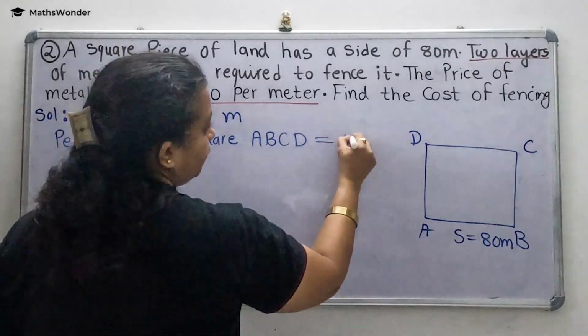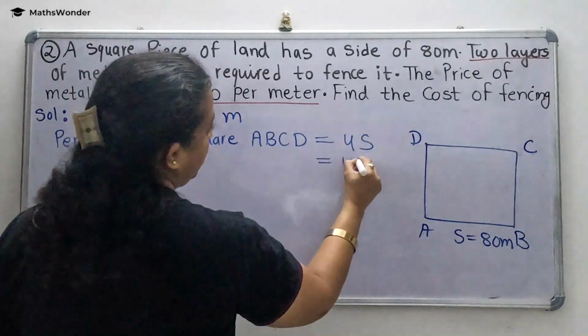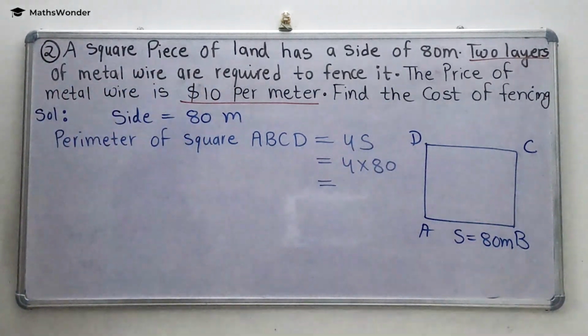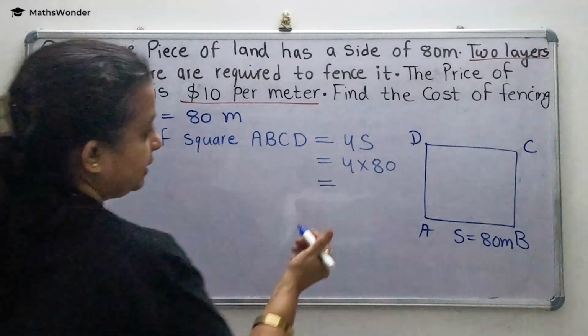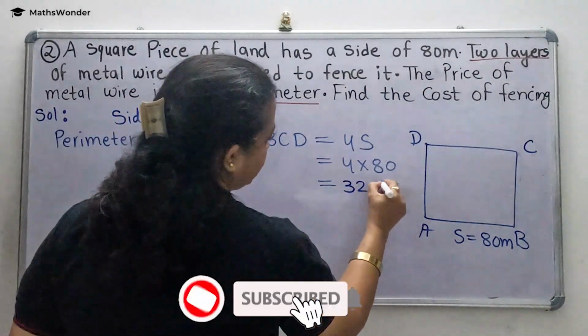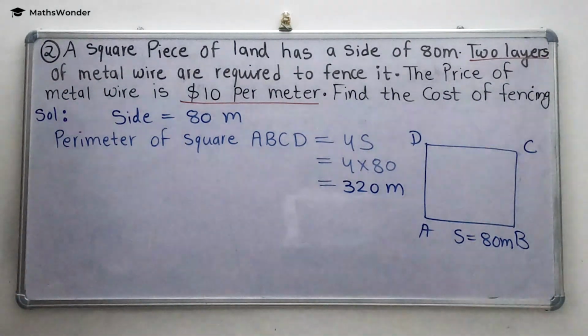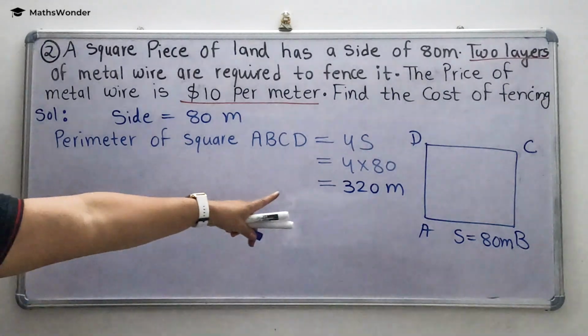As you know, 4s. So 4 times 80, which is 320 meter. Yes, 4 times 80. So we found the perimeter here.